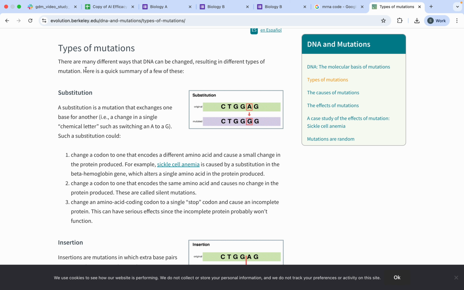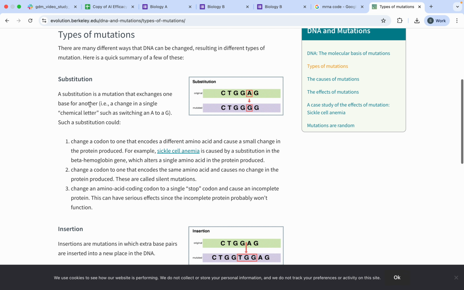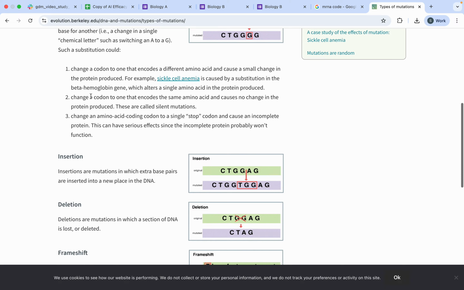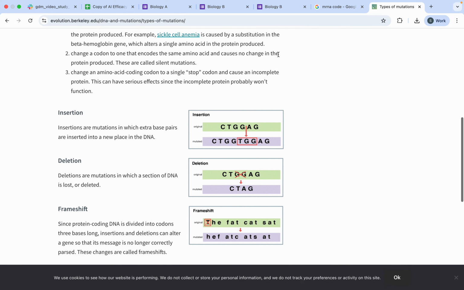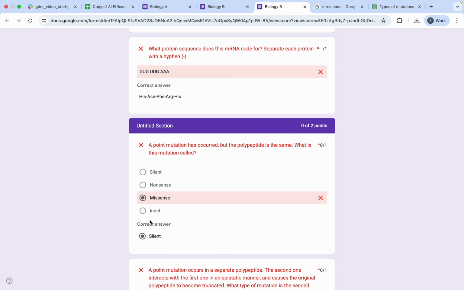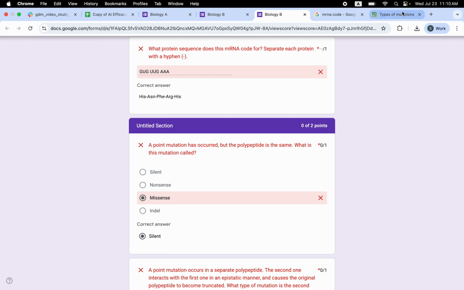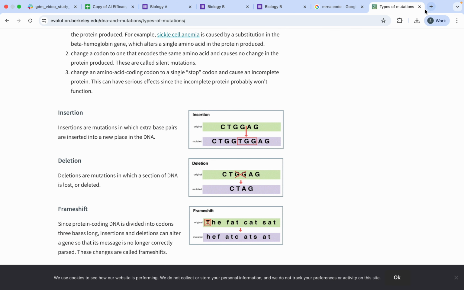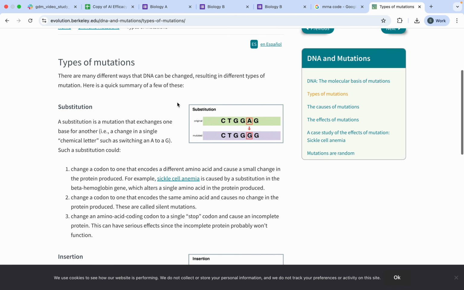There are mainly different ways that the DNA can change, resulting in different types of mutations. The first ones are substitution, insertion, deletion and frame shift. So this is substitution, which means the original code has some of the letters replaced by another letter.